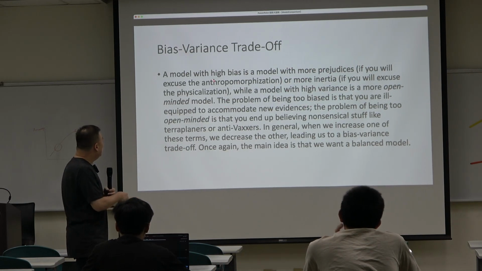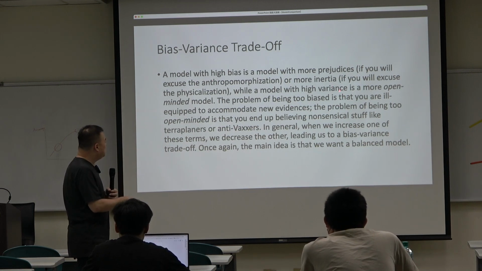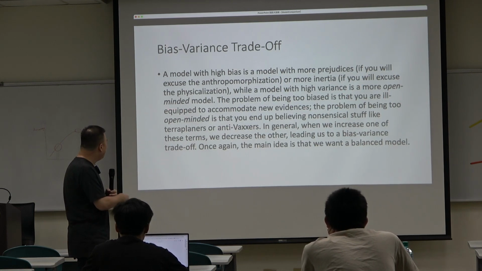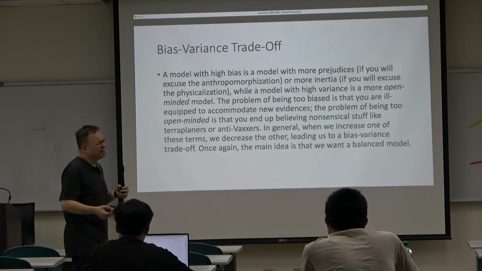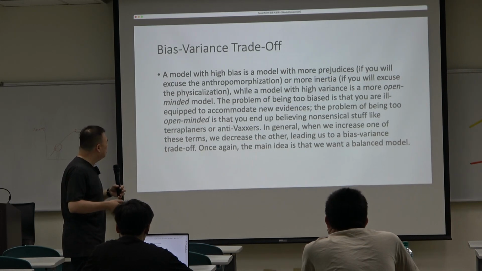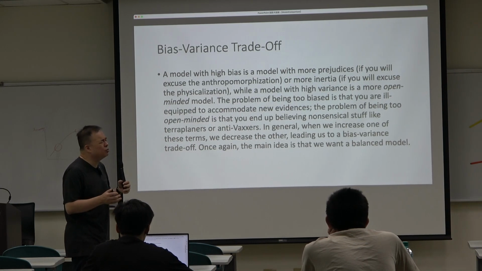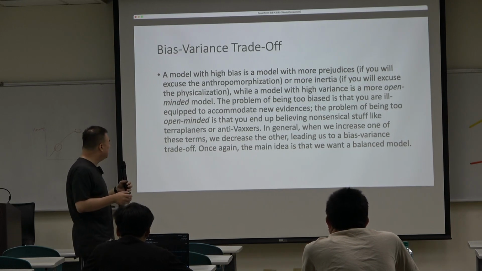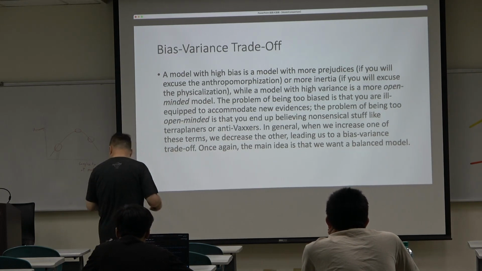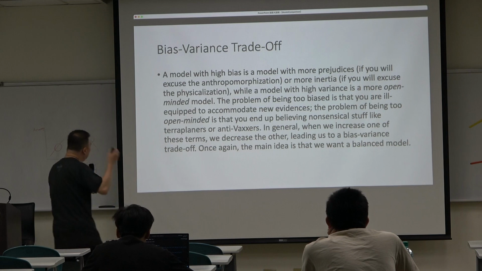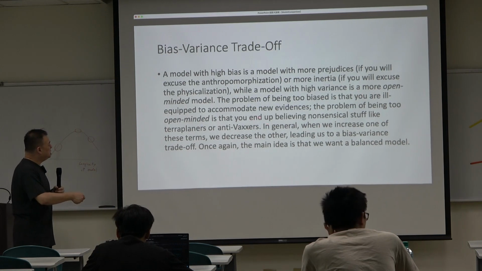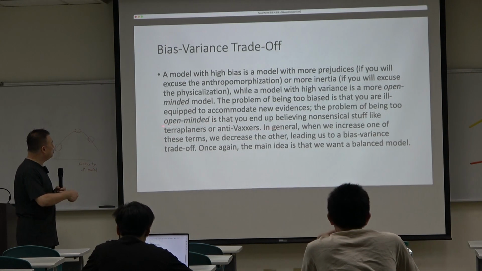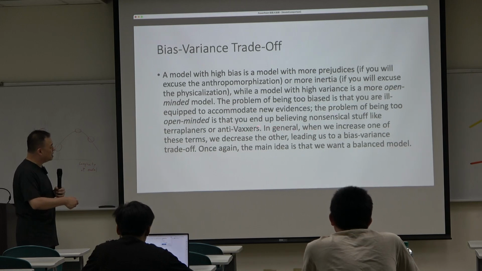While a model with high variance is a more open-minded model. Again, we try to treat a model as a human. So we say it's open-minded, but you get the idea. If it's too biased, then you are ill-equipped to accommodate new evidence.